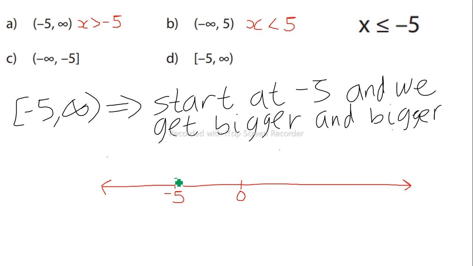Here we do include -5, so we use a square bracket to indicate that we do include -5. Start at -5 and get increasingly larger, all the way to positive infinity.